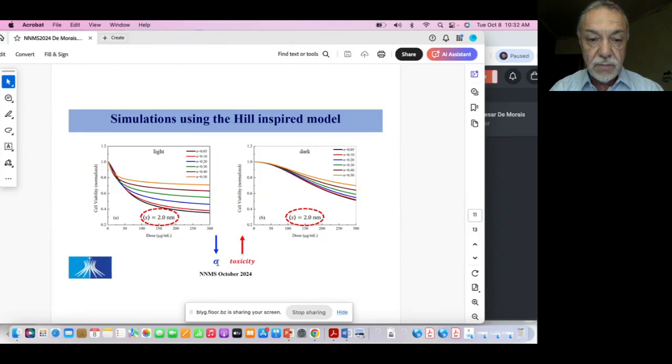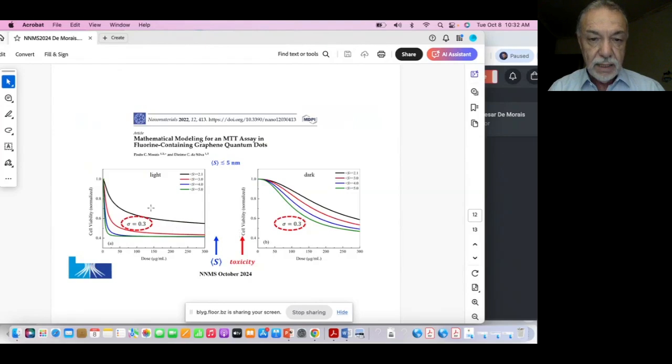And what I found in both cases, if I decrease the size dispersity, which means the sample is going to be more and more monodisperse, 0.05 is really monodisperse, you can see that if I reduce the dispersity, the cytotoxicity increases. So lowering the size dispersity increases the cell toxicity.